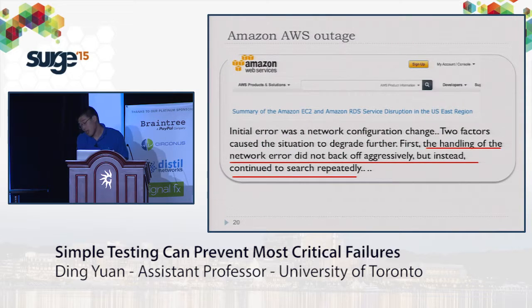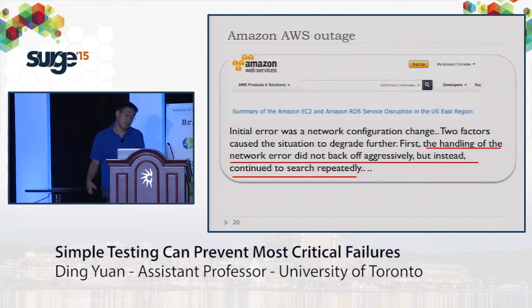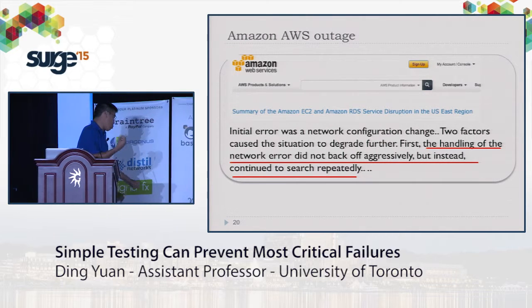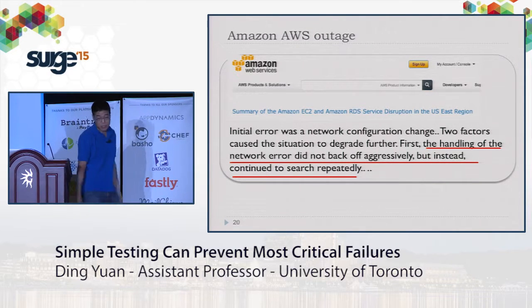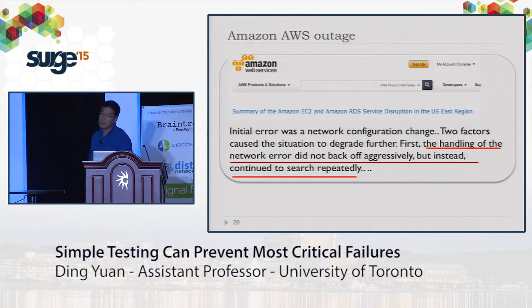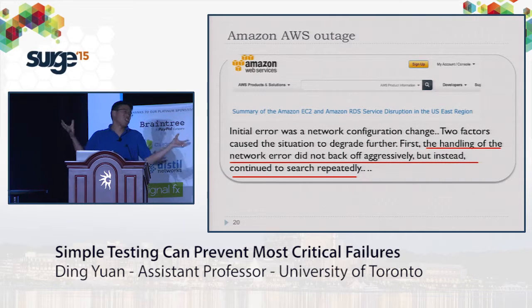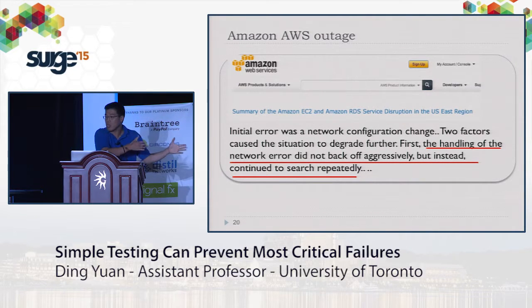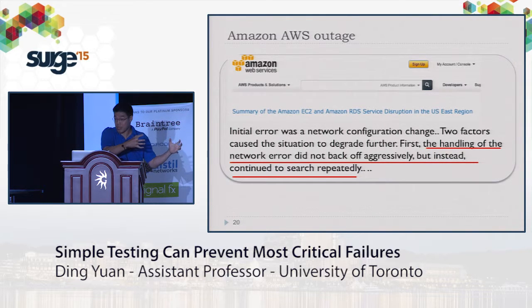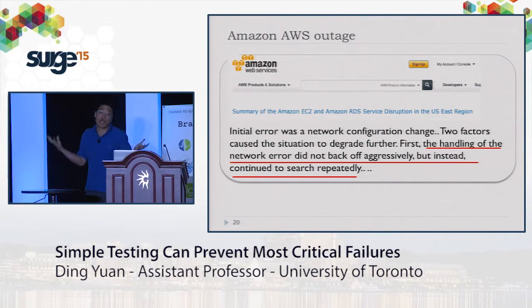Right? And the Amazon AWS failure I previously mentioned was also caused by error handling code. The root cause was a misconfiguration: the administrators accidentally routed all the production traffic to a secondary network, which is not intended to handle production traffic. As a consequence, a lot of requests started to time out.